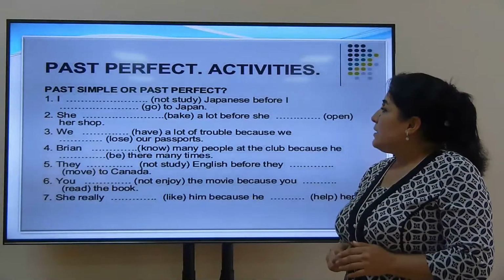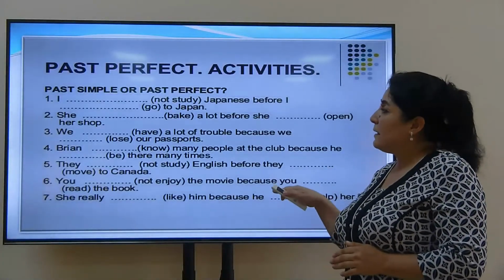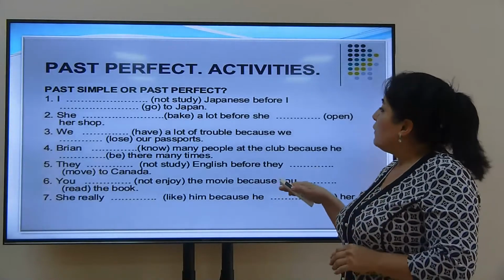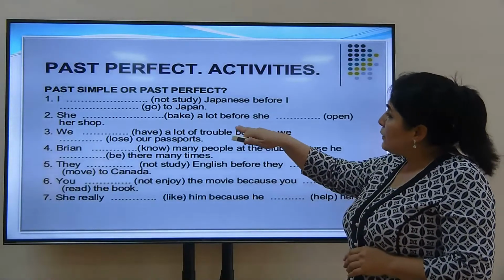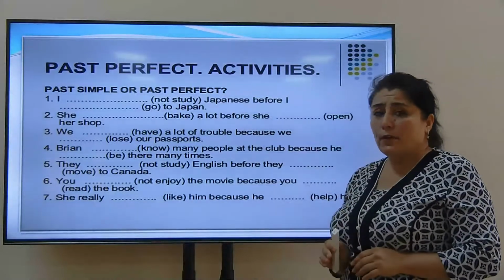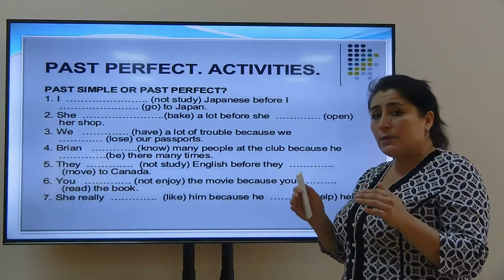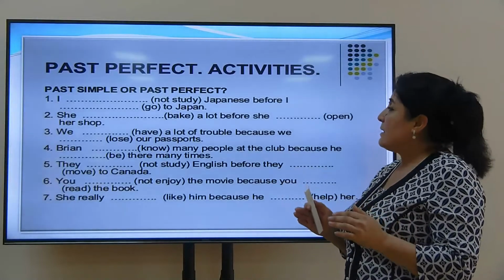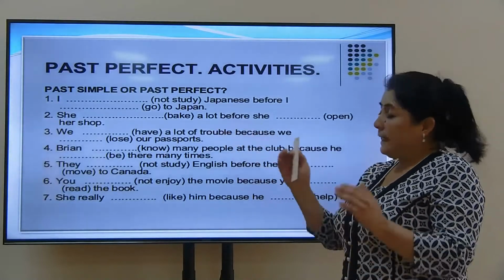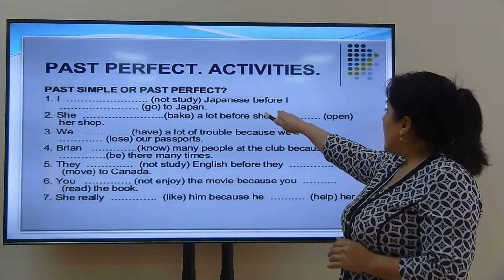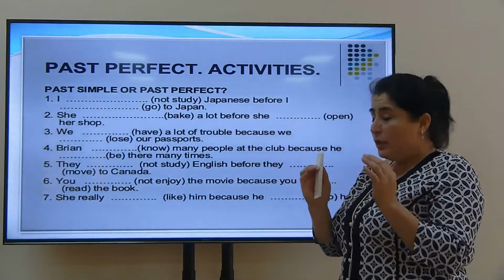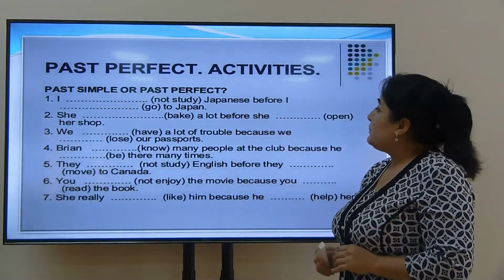So here is an exercise for you. You should put the verb in simple past or past perfect tense in each sentence. Let's do the first sentence together. For example, I (not study) Japanese before I (go) to Japan.